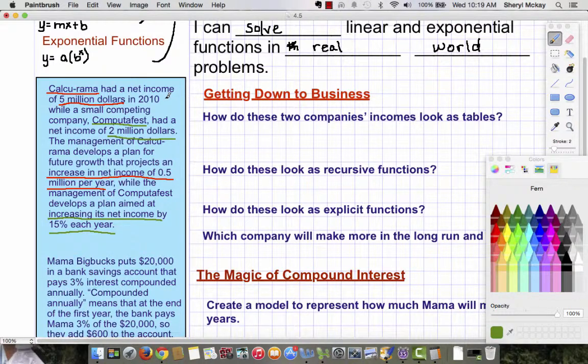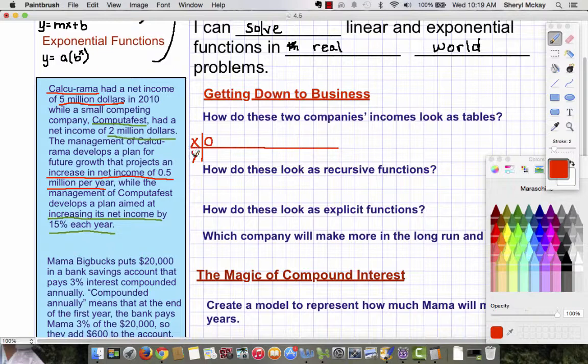So I'm going to start by first creating a quick little table for Calcurama. All right, and I'm going to say X is the year, so we'll say that the first year or the starting year was 0, okay?